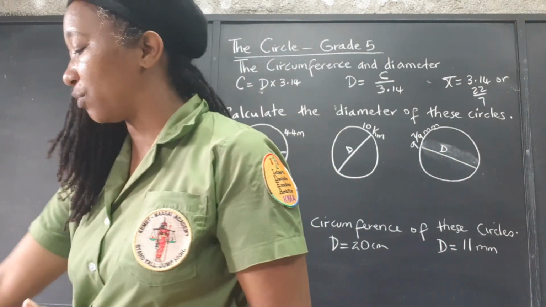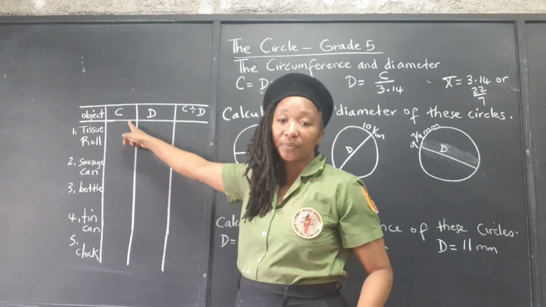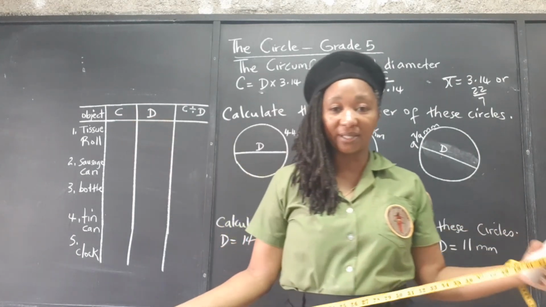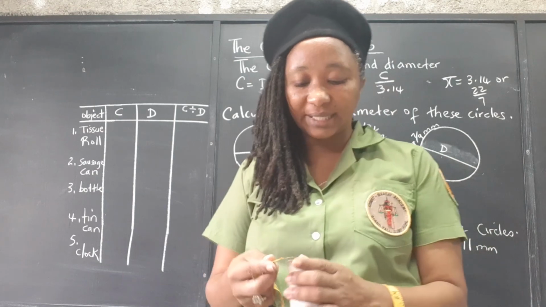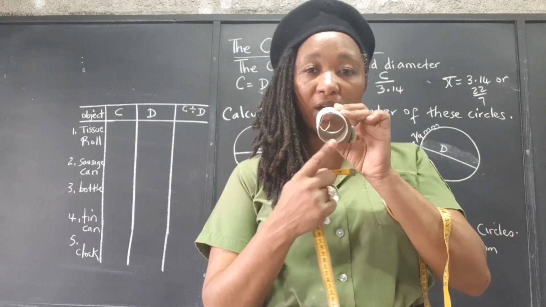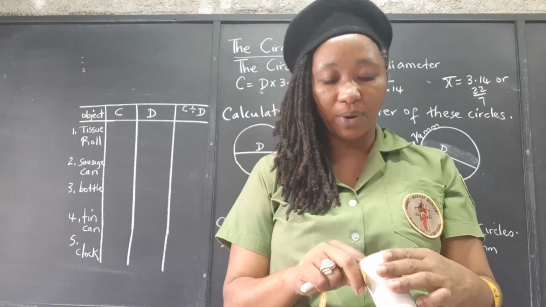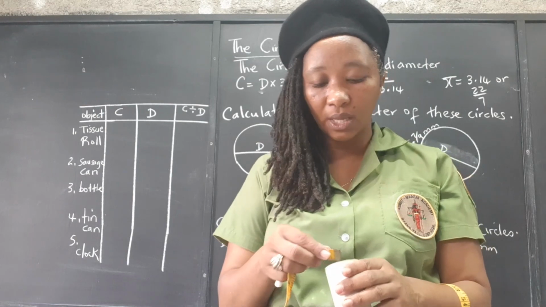So for the tissue roll, remember, I'm measuring the circumference and I'm measuring the diameter. The circumference is the distance all the way around the outer edge of the circle. So I'm using the circular part of the tissue roll.